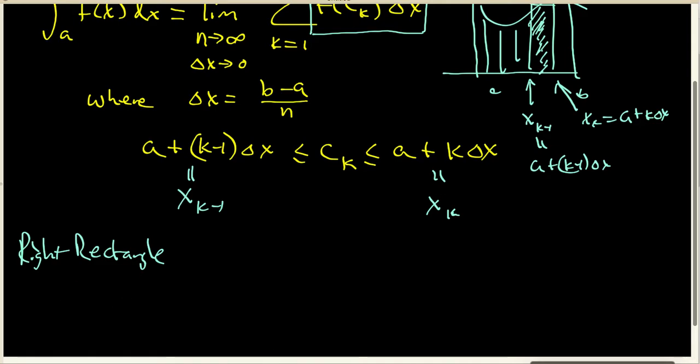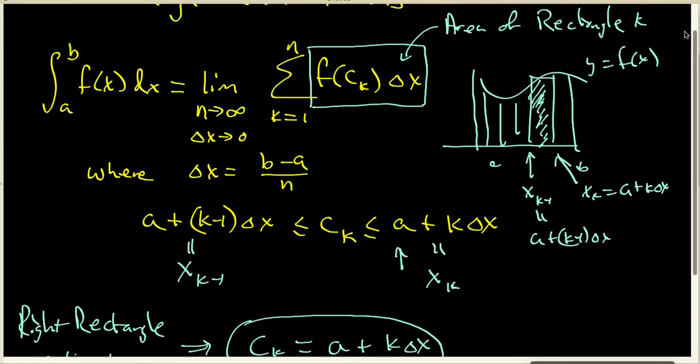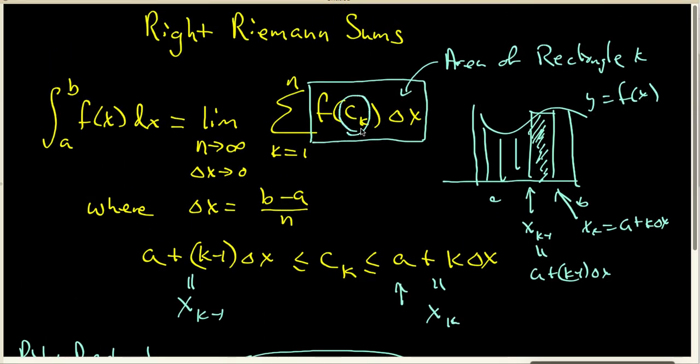So if I want a right rectangle estimate, what I want to do is pick ck to be the right endpoint of the kth subinterval. So ck is going to be nothing more than a plus k times delta x. And all I'm going to do is substitute this in for ck inside this particular definition.